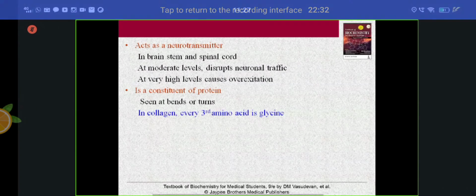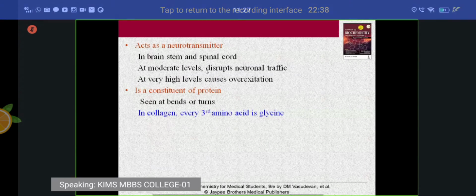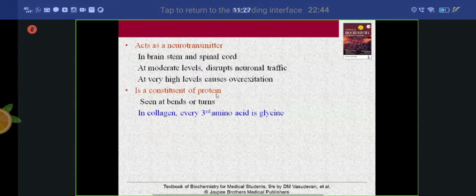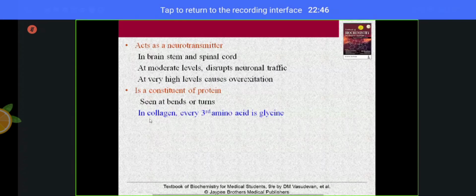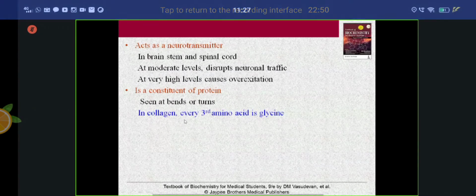So glycine is a special neurotransmitter: at lower levels it acts as a neuroinhibitor, but at very high levels it becomes neurostimulatory. Fine? It's also a constituent of protein, in collagen. Collagen is a very important protein we have to learn.